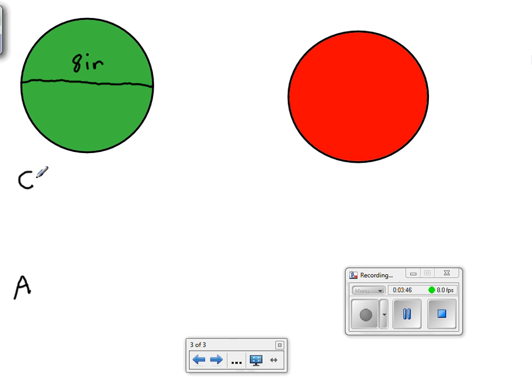For our circumference, since we're given the diameter, we know it's pi times diameter. So we get 3.14 times 8.